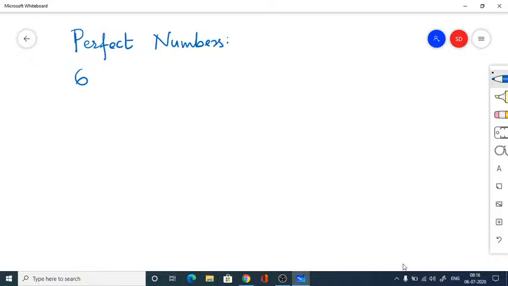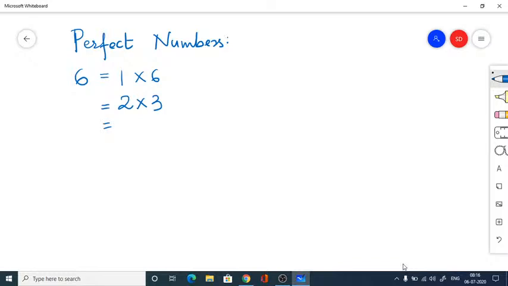How do you find out factors? I'm going to make pairs which when multiplied give you 6, like 1 into 6, then 2 into 3. You cannot divide 6 by 4, so you don't have anything.